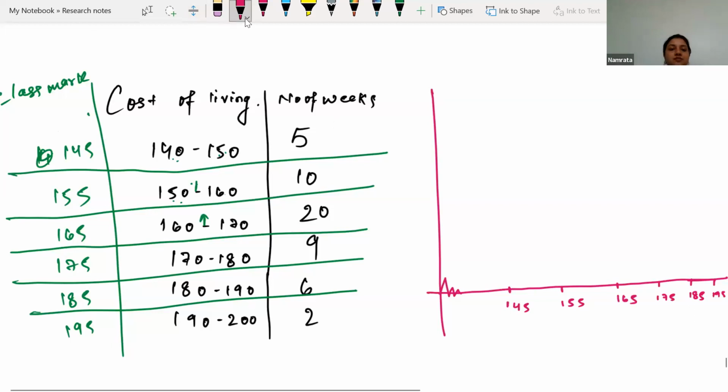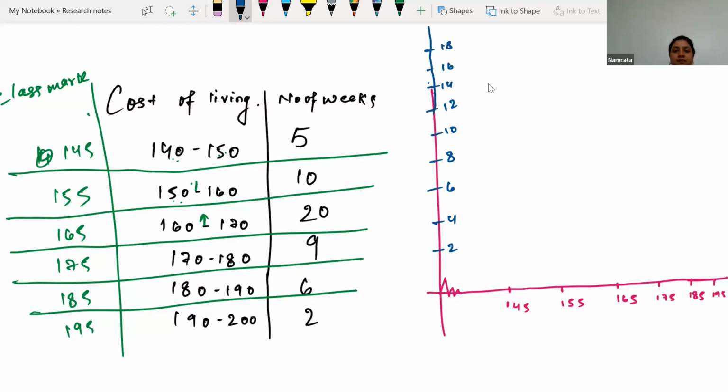For 145, the frequency is 5. So here 5, 10, 20, let's take 2, 4, 6, 8, 10, 12. The first one is 145 and the frequency is 5 here. Next one is 155 and the frequency is 10.